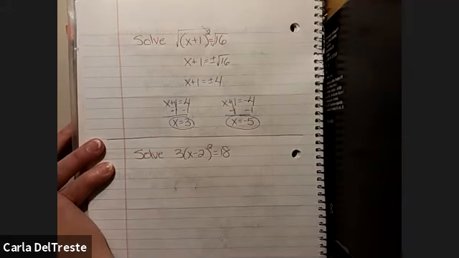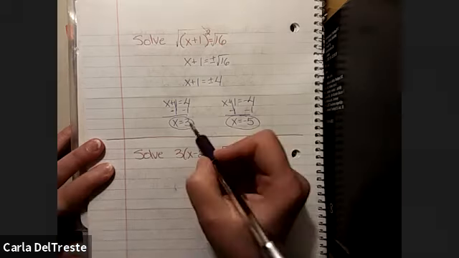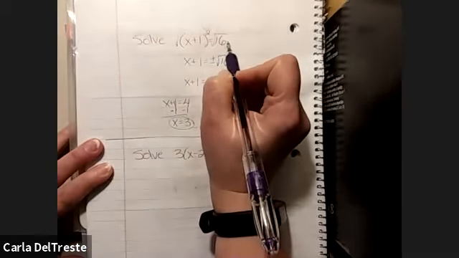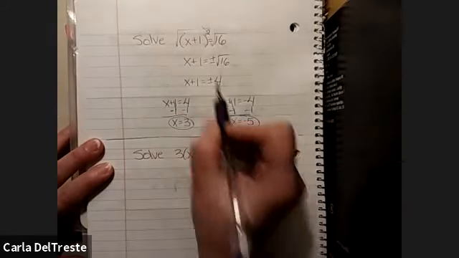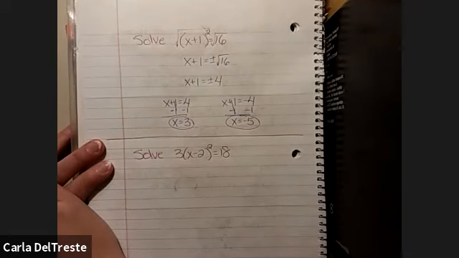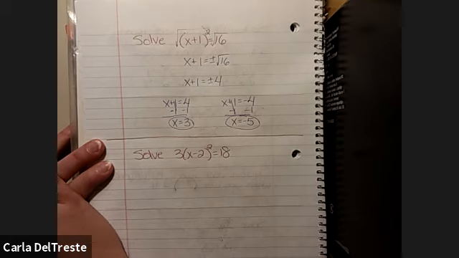If I wanted to check to make sure that they both balance out the equation, I would just take 3, plug it in for x, and work it out. I would take -5, plug it in for x, and work it out. And you should see that you would get 16 in both of those cases. So with all the other algebra that we saw, these are nice because they are checkable.